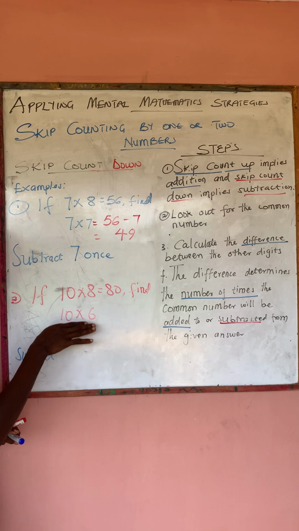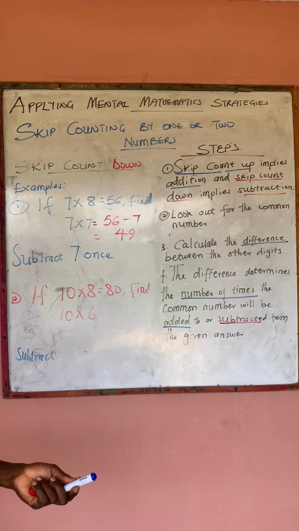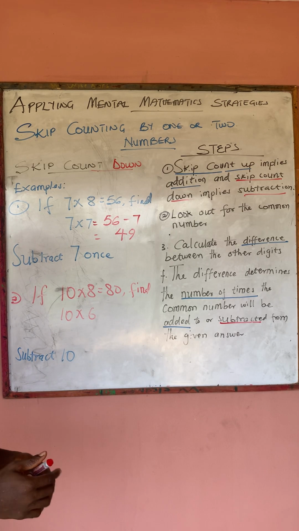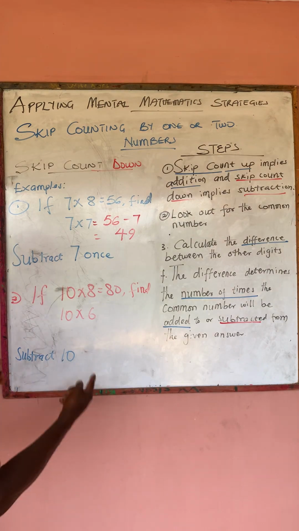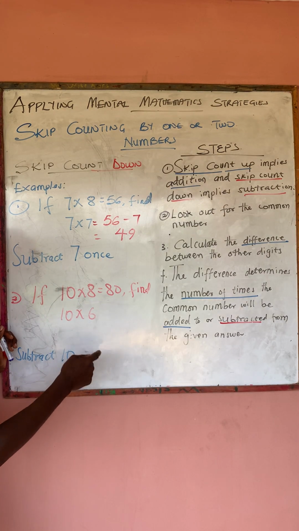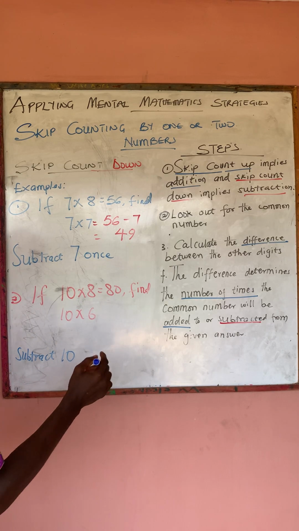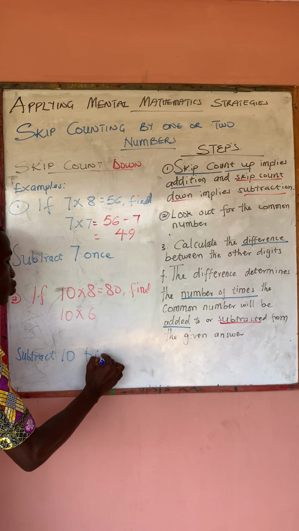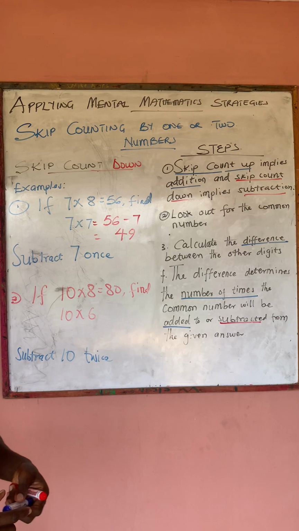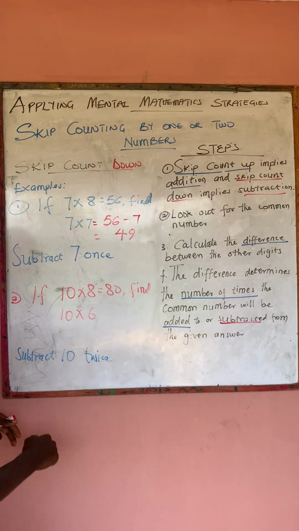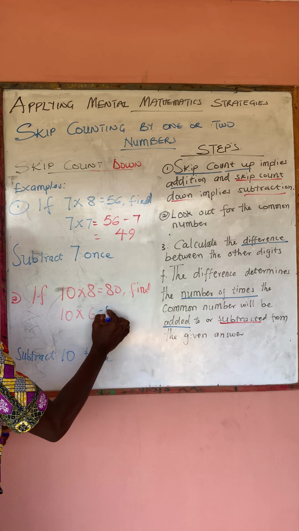Now the common number here is 10. Okay, we subtract 10. Now, how many times are we going to subtract it? The difference between 8 and 6 here is 2. So we subtract 10 twice. I hope you get it. Good. And let's come to our solution. So this is going to give us 80.